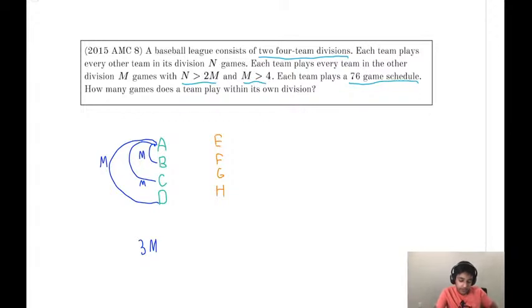What about teams in the other division? Well then, A plays E and every other team in that division m times. Sorry, I put it the wrong way around earlier. So each team plays every team in its own division n games, and each team in the other division m games.